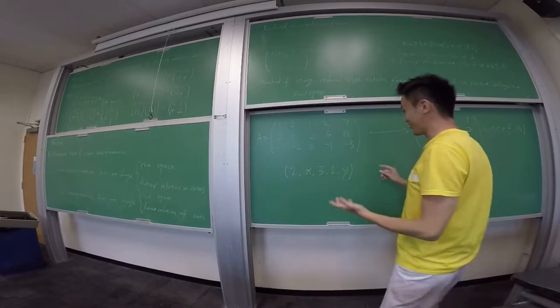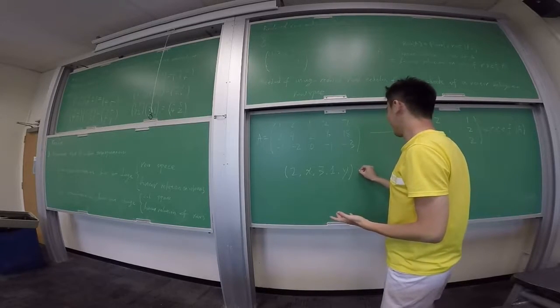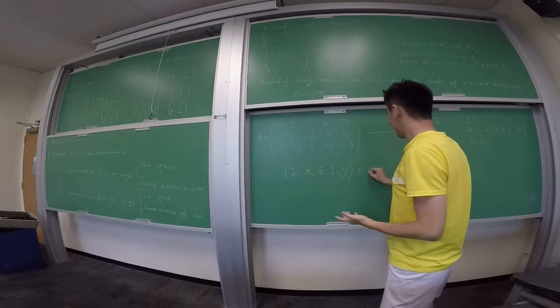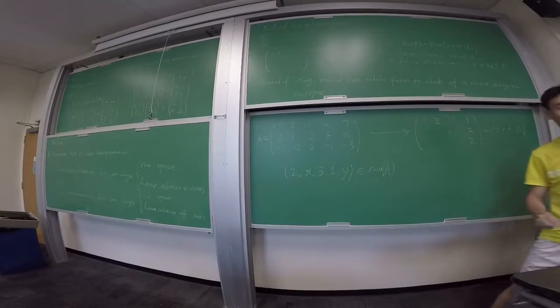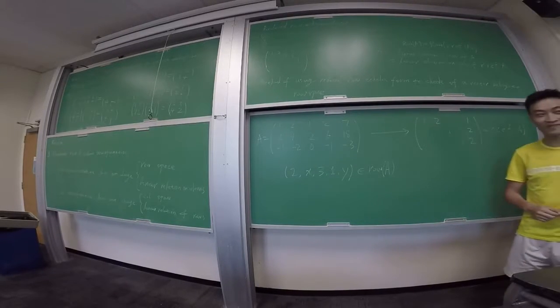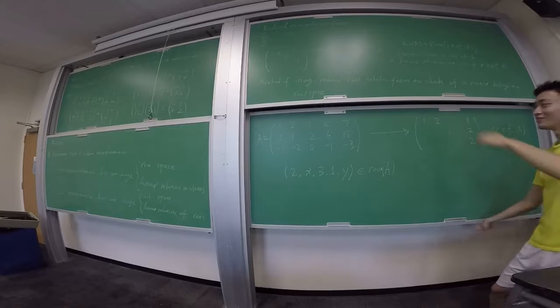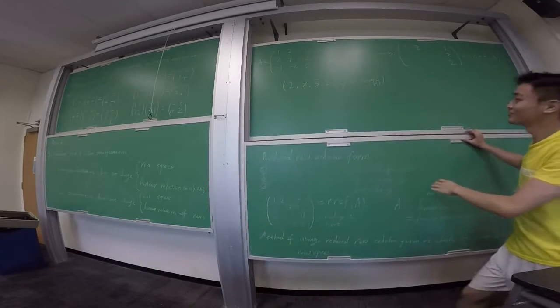If I suppose that this vector belongs to the row space of A, can you figure out what x and y are? Let me put this question. So what is x and y?